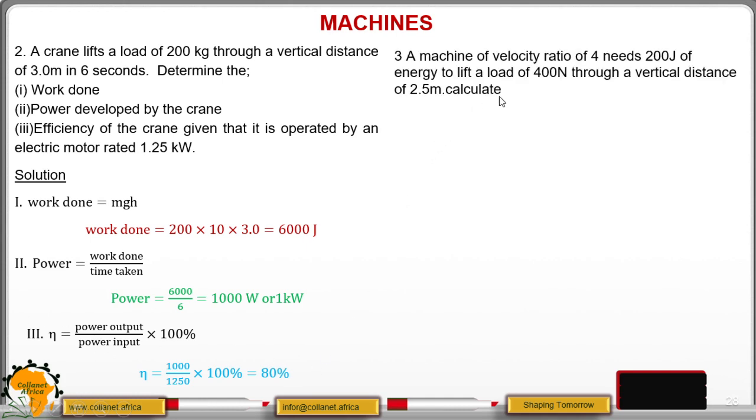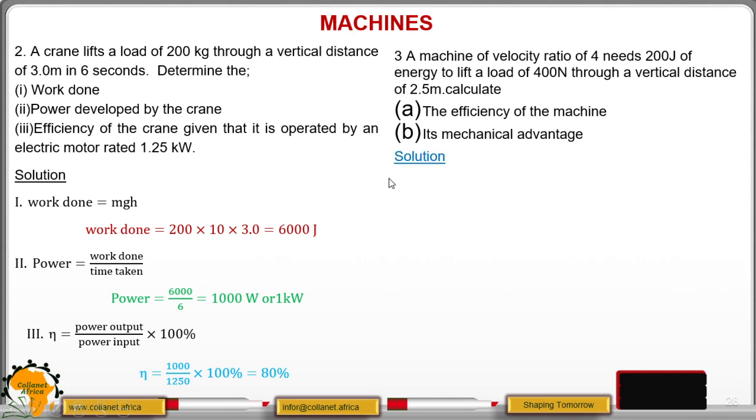Then question number 3. A machine of velocity ratio of 4 needs 2,000 joules of energy to lift a load of 400 newtons through a vertical distance of 2.5 meters. Calculate 1, the efficiency of the machine, and number 2, its mechanical advantage. We proceed as follows.